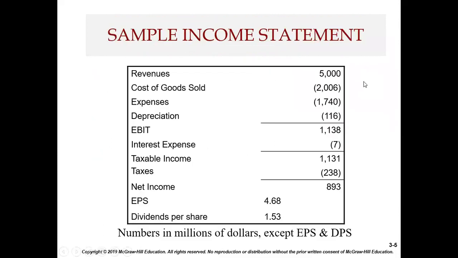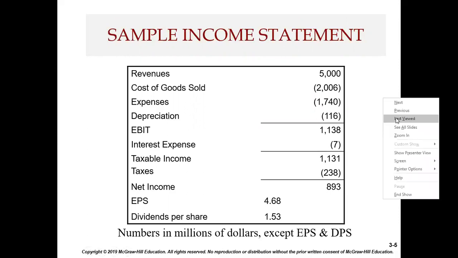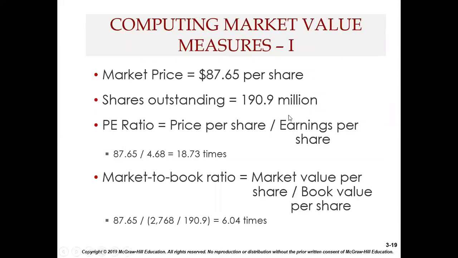I'm going to go back to the income statement. 893 was the net income divided by 190.9. I get 4.68. And that's where they get that denominator there of earnings per share of $4.68.